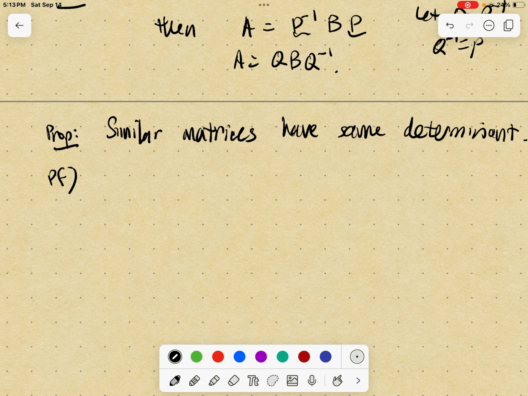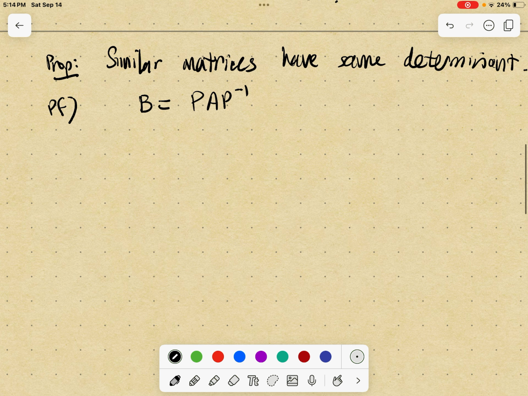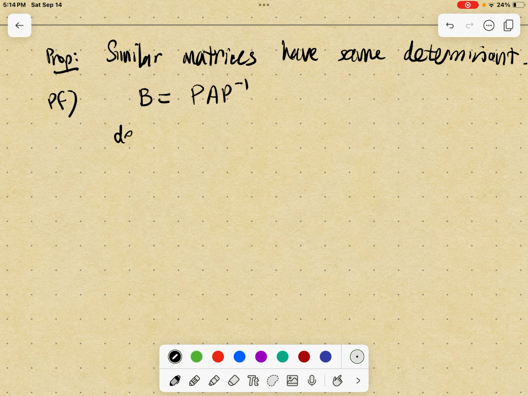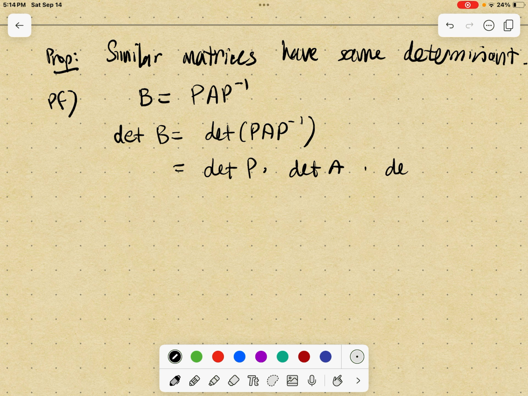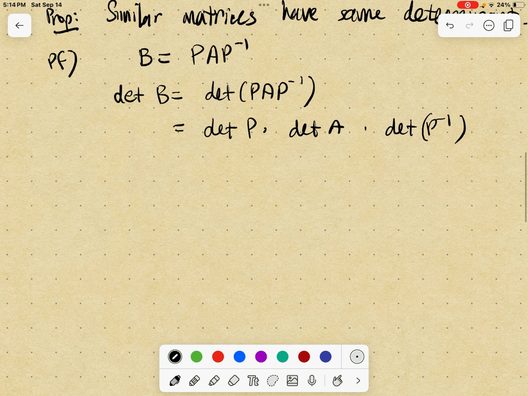The proof of this: suppose that A and B are similar matrices, then B is PAP inverse for some invertible matrix P, and then the determinant of B is the determinant of PAP inverse. This is equal to the determinant of P times the determinant of A times the determinant of P inverse, and then we've seen that the determinant of P inverse is 1 over the determinant of P.